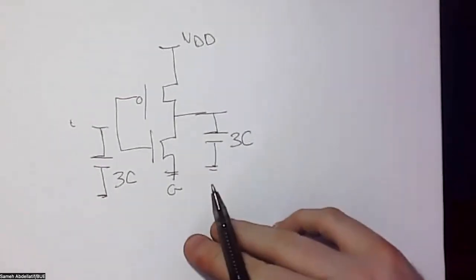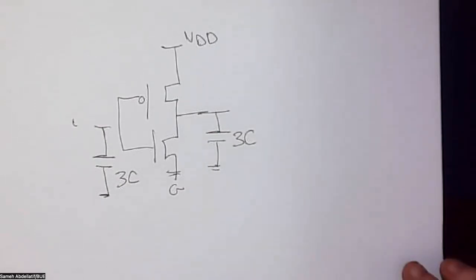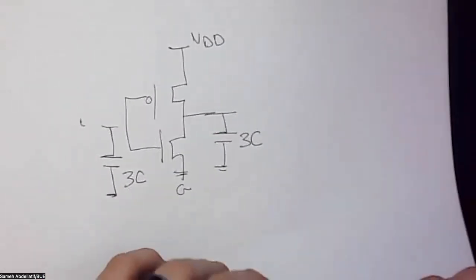So let's have another example to make sure that we pick up the idea correctly. Let's have another example, which is a NAND gate.